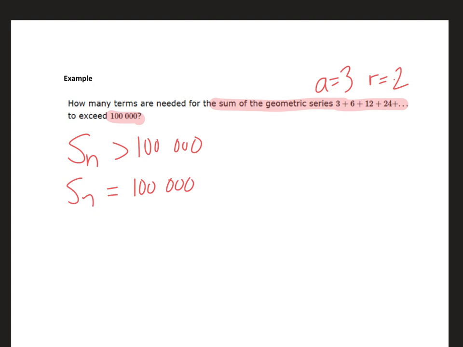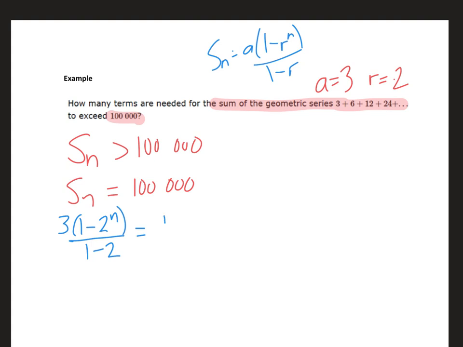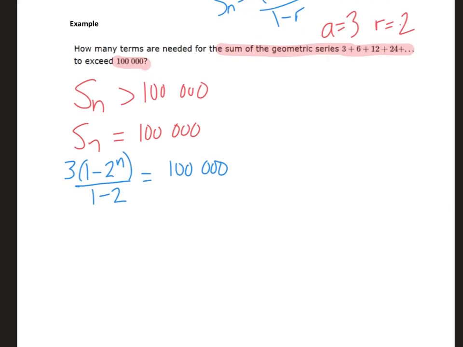Well, I've got a formula for Sn because it's geometric. So the Sn formula is a times 1 minus r^n over 1 minus r. So if I write that out, a was 3, so 3 lots of 1 minus 2^n divided by 1 minus 2 gives me 100,000. I'm going to times top and bottom by minus 1.